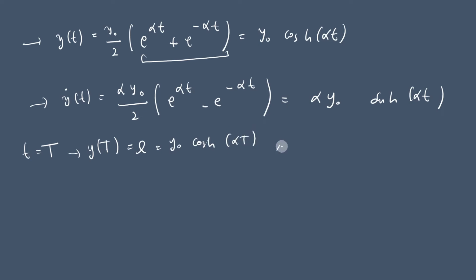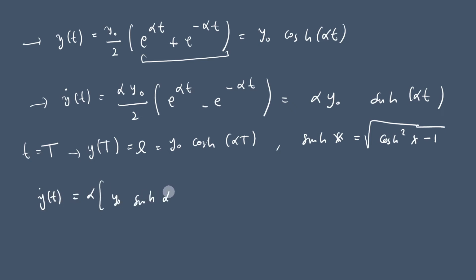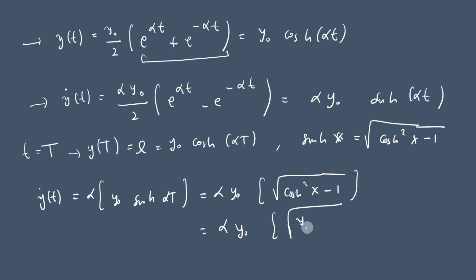Using sinh x equals the square root of cosh squared x minus 1 from the properties of hyperbolic functions, we find that the speed of the chain right when it loses contact with the table is y dot of t equals alpha y0 sinh alpha t, which equals alpha y0 times the square root of cosh squared alpha t minus 1, which equals alpha y0 times the square root of (L divided by y0) squared minus 1.